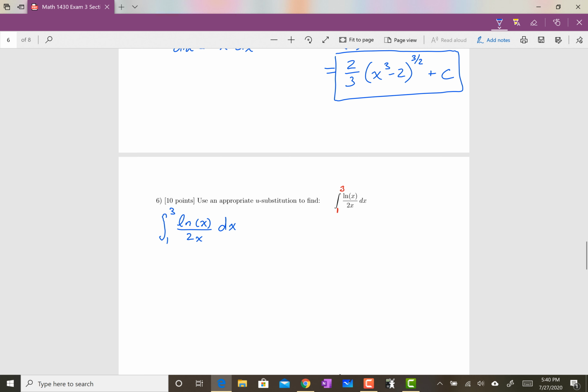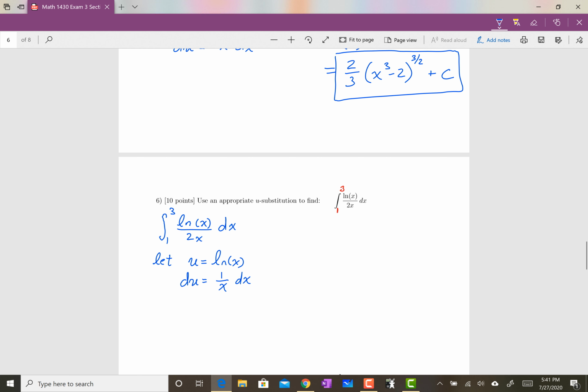But there was another trick that we learned in the u substitution section, and that was, if you have a natural log term, you typically are going to let your u be the natural log term. So if u is the natural log of x, what's du going to be? Well, it's going to be the derivative of the natural log, which is 1 over x dx.